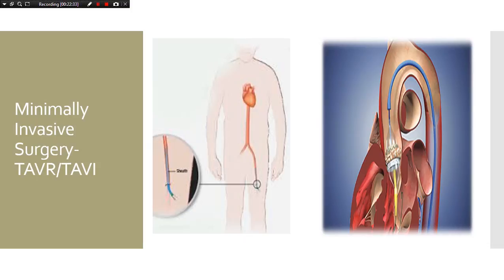They will take a guide wire with a stent that actually has an aortic valve inside of it or wrapped around the outside of it, and they will thread it up through the femoral artery, through the aorta, and up and through to where the original aortic valve is, and they will actually stent the new valve right over top of the older one.